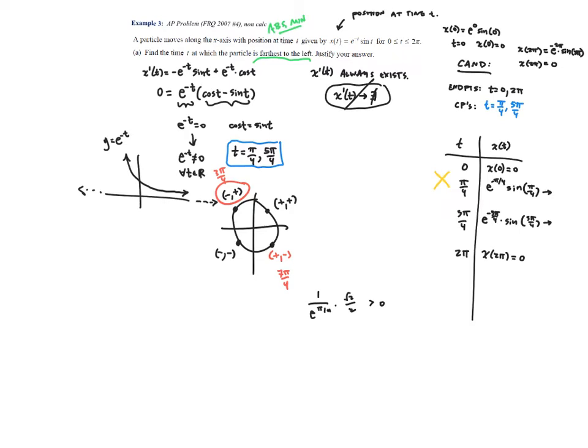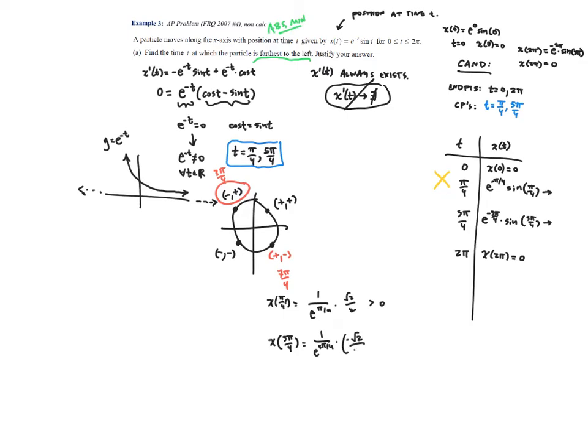So now we still have the option, would it be at time 0, time 2 pi, or potentially time 5 pi over 4? So let's work x of 5 pi over 4. So this was x of pi over 4. Let's work the algebra for x of 5 pi over 4. Well, that would be 1 over e to the 5 pi over 4, which is just a positive number approaching 0, times the sine of 5 pi over 4, which is negative.